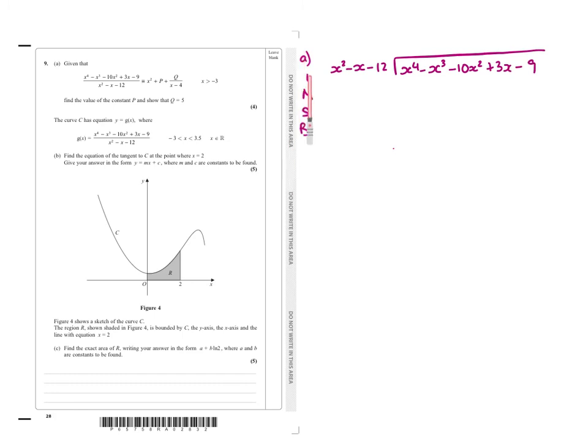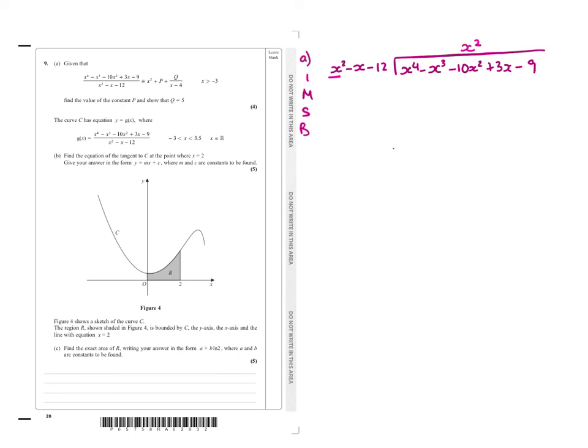Now, this is my I'm a Silly Billy. My teacher taught me this when I was much, much younger. So how many times does x squared go into x to the power of 4? And it is x squared.